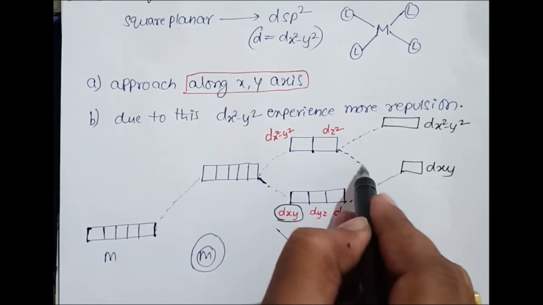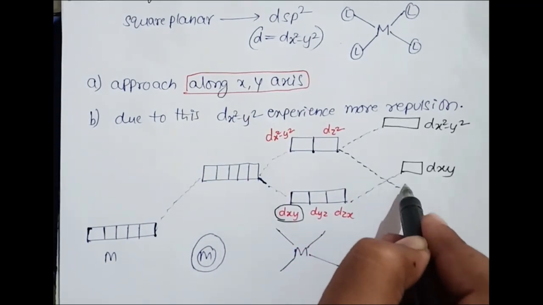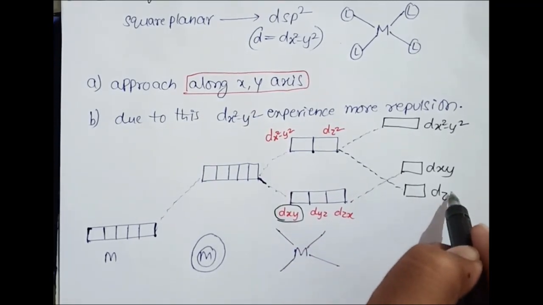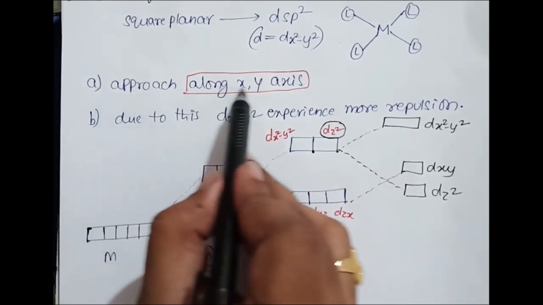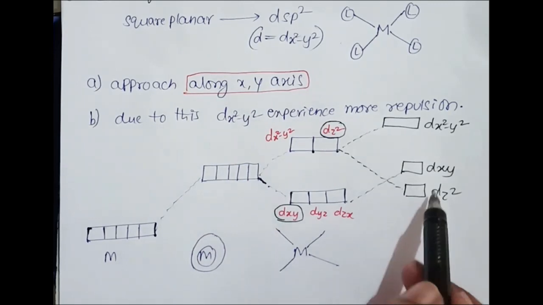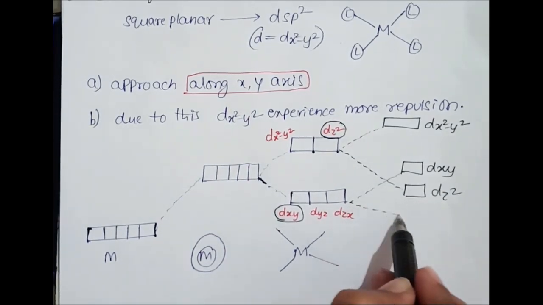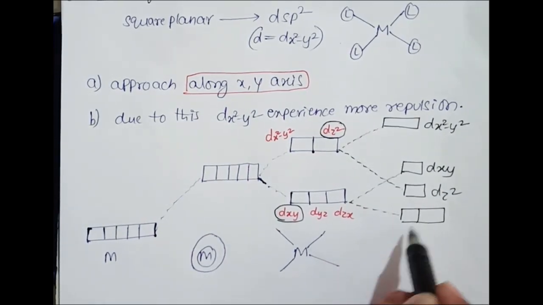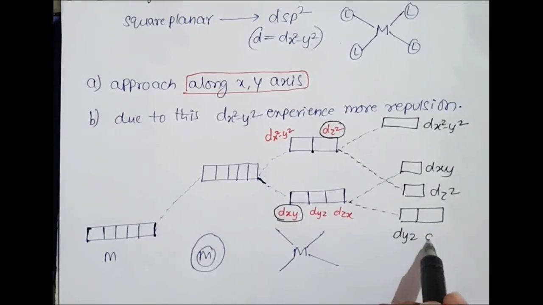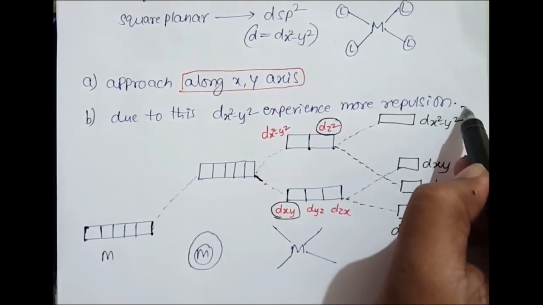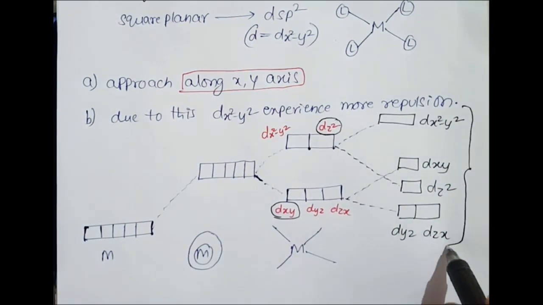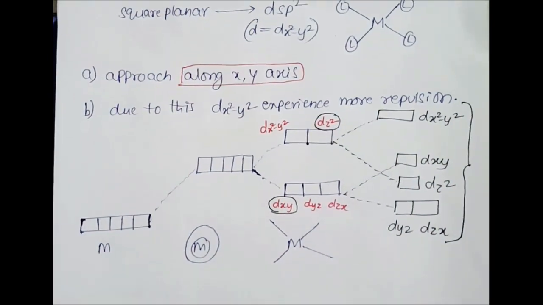And dz square will experience a little less repulsion, because dz square is on the z axis and ligands are coming along the xy axis. And the remaining two are dyz and dzx. So this is the energy order of d orbitals in square planar system.